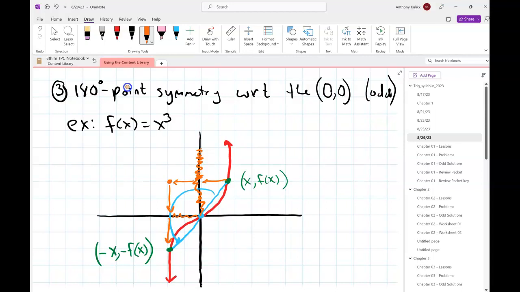It's a reflection across the x and then a reflection across the y. Or you could reflect across the y first and then the x. You'll get to the same spot. You might remember that from geometry. I think you do a section there where you talk about transformations, and you talk about a rotational transformation being the same as a composite of two reflections.